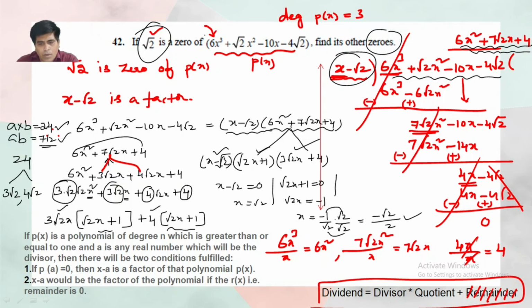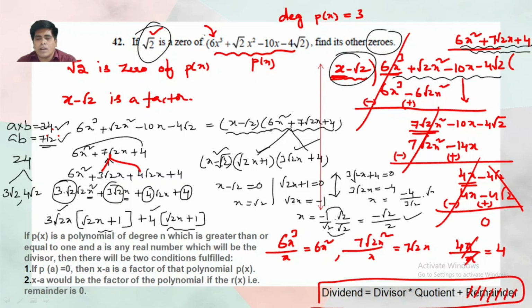Next I will go to one more root, that is the third root, 3 root 2x plus 4 is equal to 0. So 3 root 2x is equal to minus 4 and x is equal to minus 4 by 3 root 2. Again, it's the same situation.